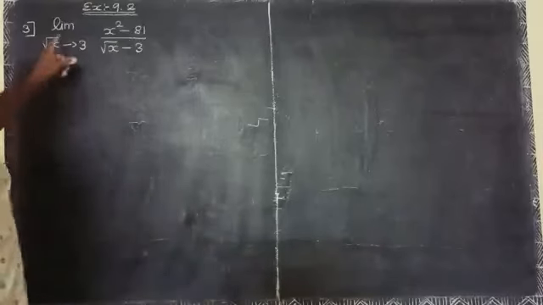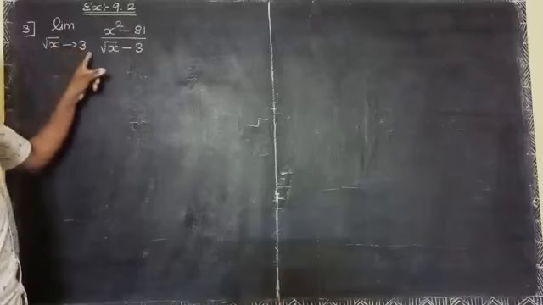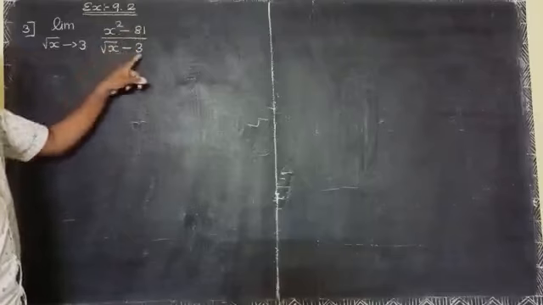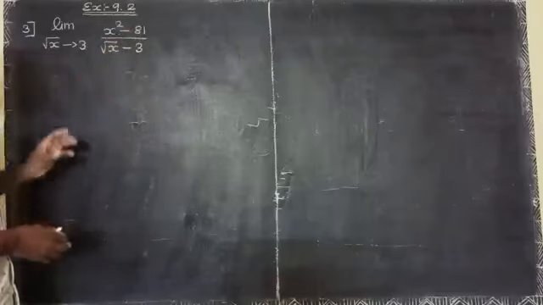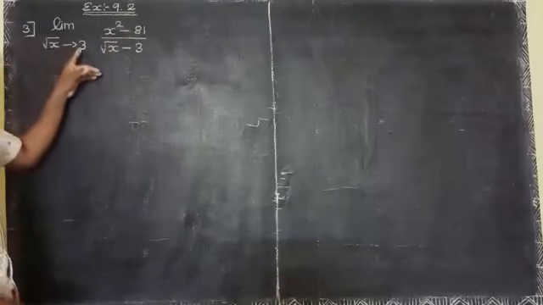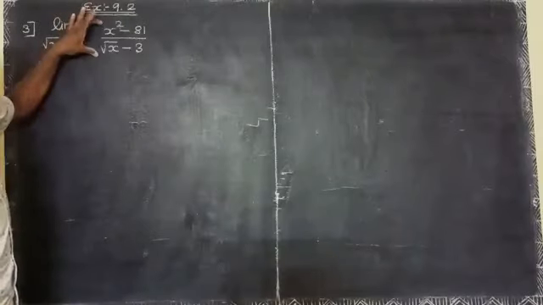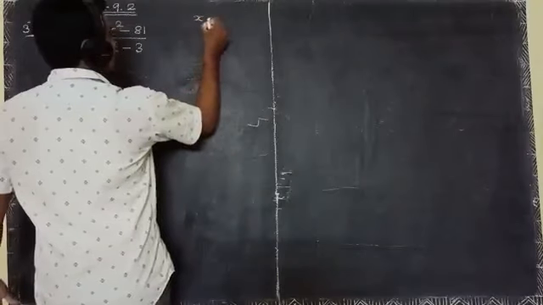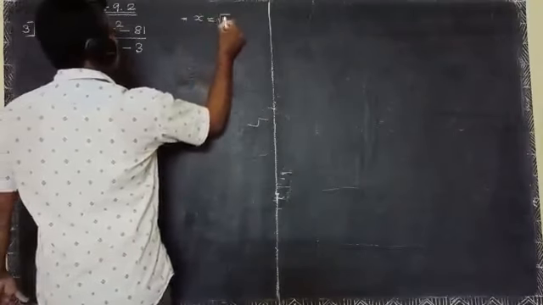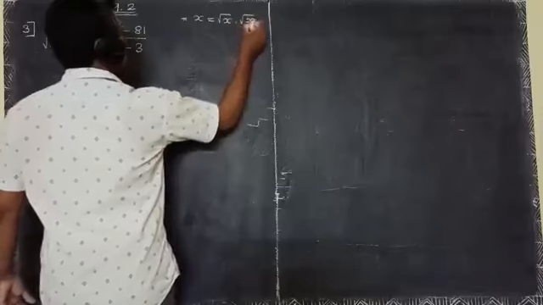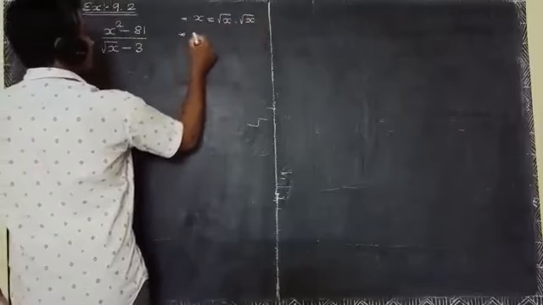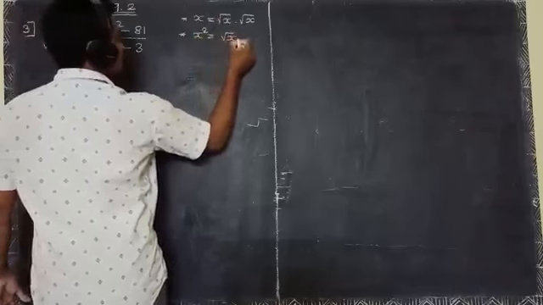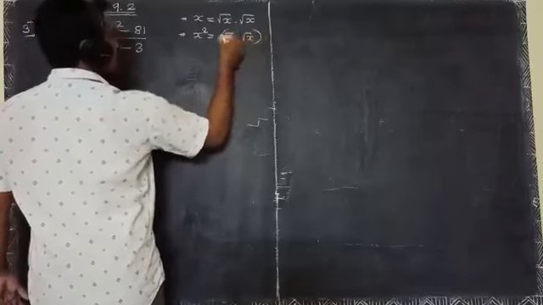Question number 3: limit root x approaches 3, the function x square minus 81 divided by root x minus 3. Here, replace root x equal to 3. Then the function is x square. So x can be written as root x into root x, isn't it? Yes. Similarly, x square can be written as root x into root x the whole square, isn't it?